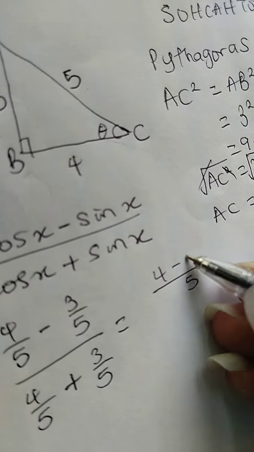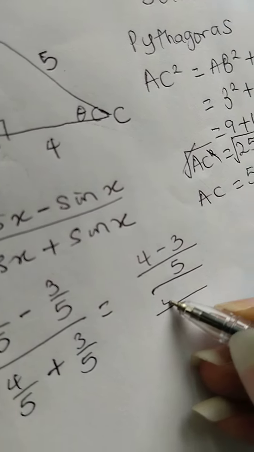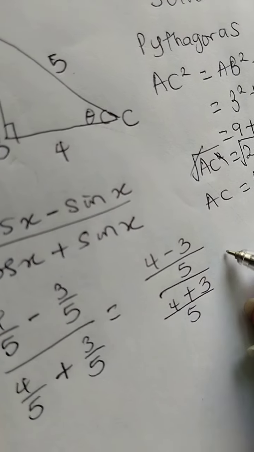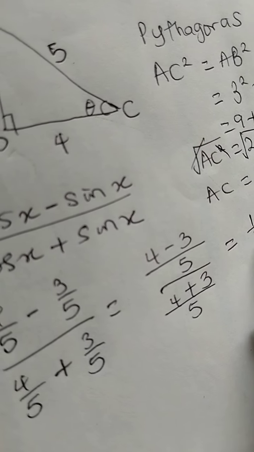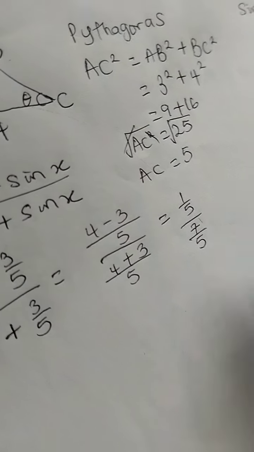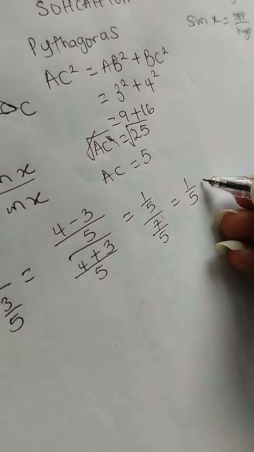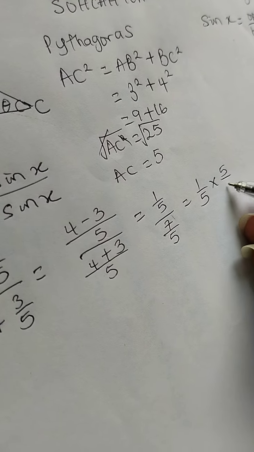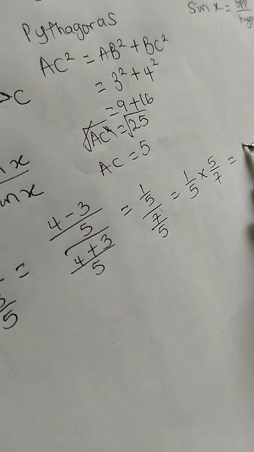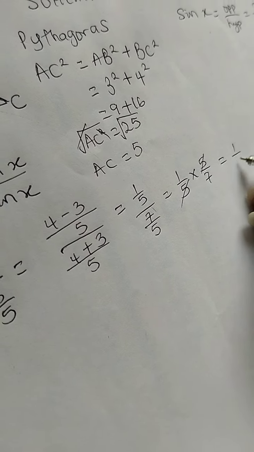So 4 minus 3 over 5, over 4 plus 3 over 5, which is 1/5 over 7/5, which is 1/5 times 5/7. The 5s cancel, which is 1/7. So we are through with that.